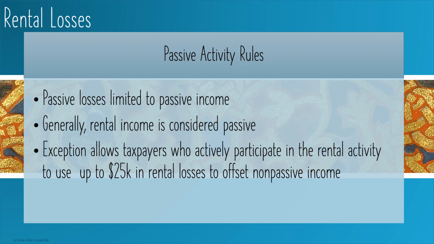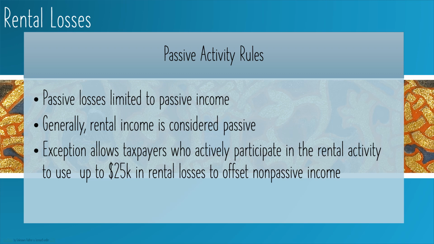And then there's passive activity rules, which also can determine how much the taxpayer can take in losses. So generally, passive losses are limited to passive income. And generally, rental income is considered a passive type of income. Royalties are another passive type of income.